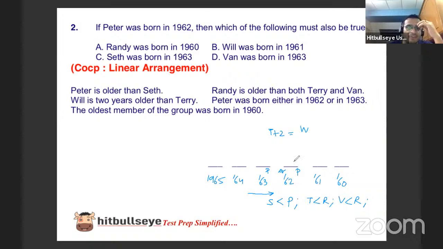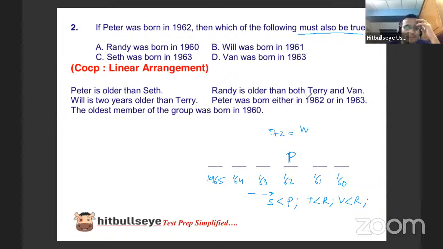Now if Peter was born in 1962, we will just erase this. Then which of the following must also be true?